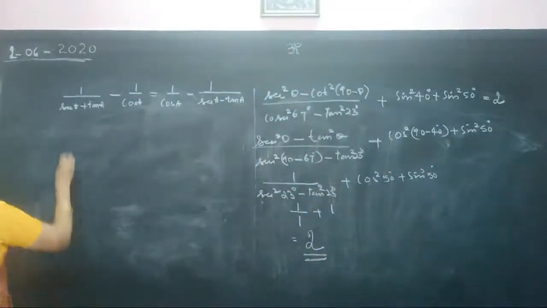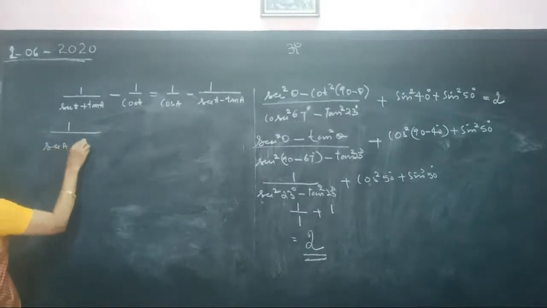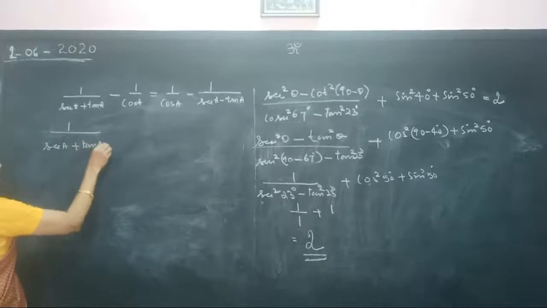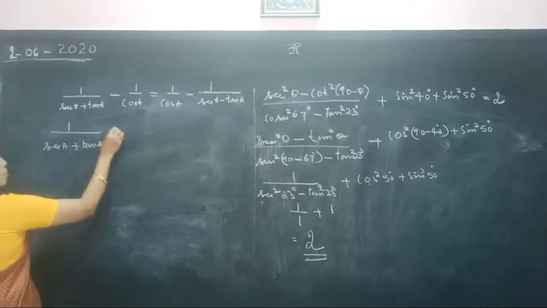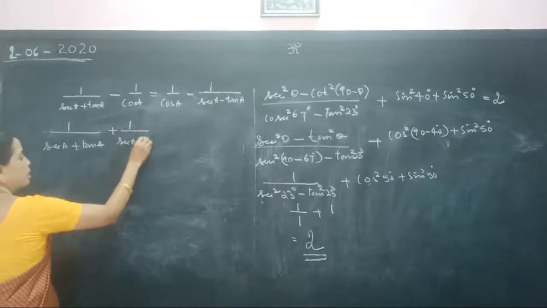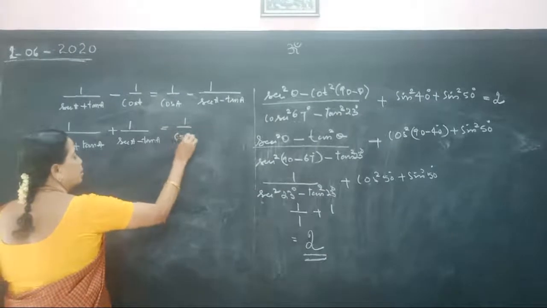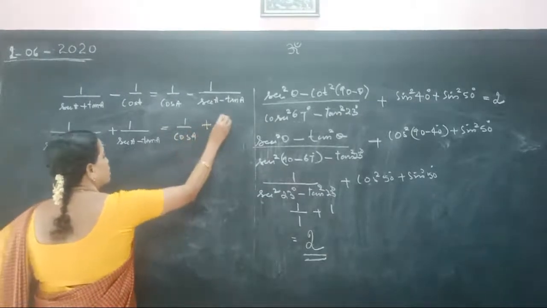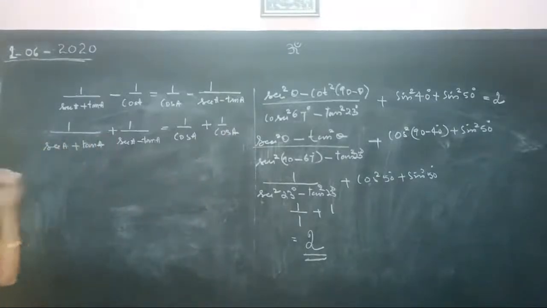That means I will write 1 upon secant A plus tan A, transferring RHS minus 1 upon secant A minus tan A here, it becomes plus 1 upon secant A minus tan A equals 1 by cos A plus 1 by cos A. Now we have some similarity in LHS and RHS.